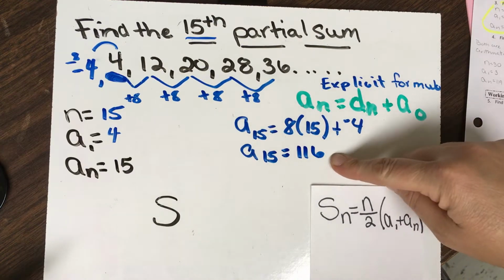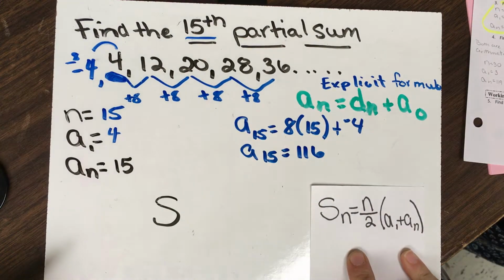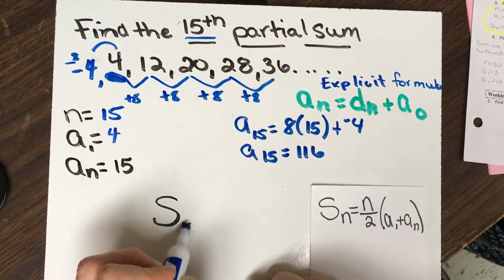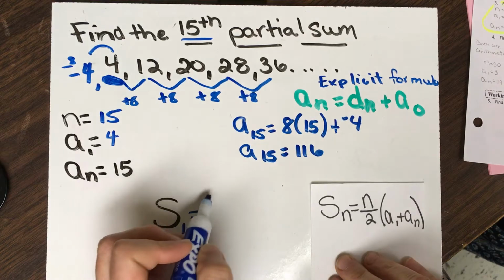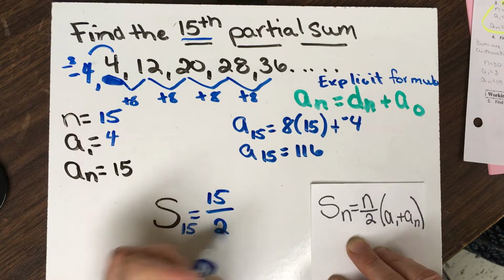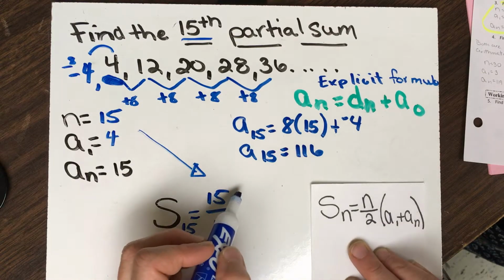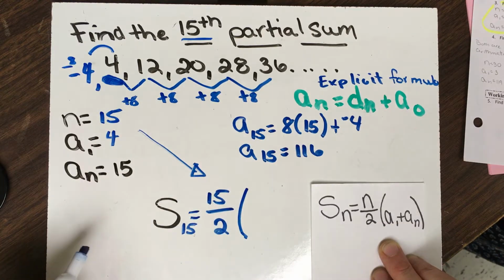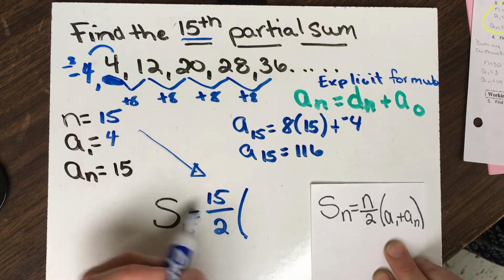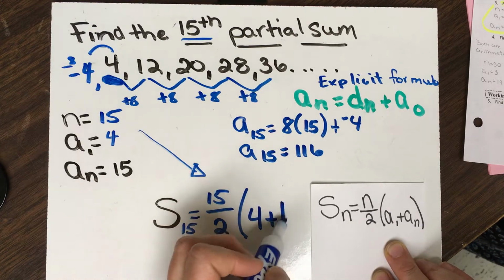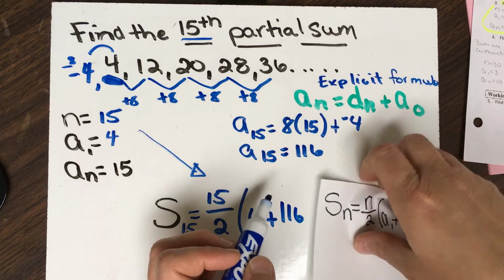Now we know all the pieces to put into our equation. All right, so I already started us out. And we have 15 over 2. Remember, this is our n. That comes from here. Our beginning and our end. Our beginning is 4, plus our end was 116.